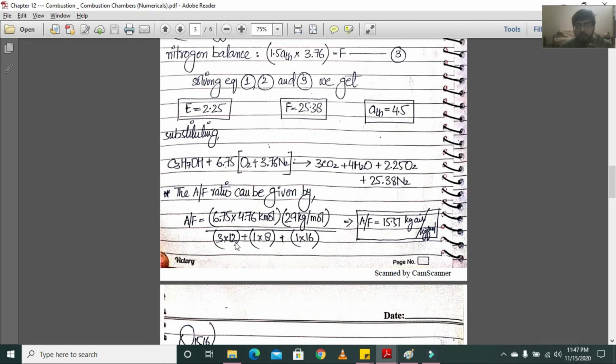And in order to determine the mass of the fuel, I will simply determine the molecular mass of the fuel, and since we are talking about the combustion of 1 mole of the fuel, I will have to multiply it by 1, and it is not necessary to write that 1 mole. So instead of writing mole into molecular mass, I have just written down the molecular mass in the denominator. So after dividing it, I will get the final value of the air fuel ratio, and it is coming out to be 15.51 kilograms of air per kilogram of fuel.